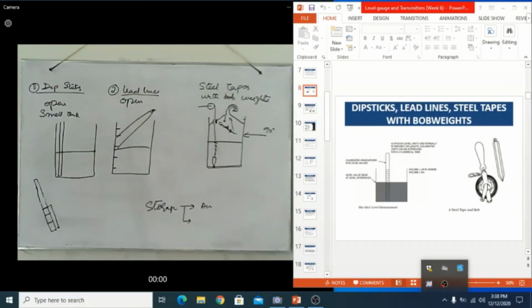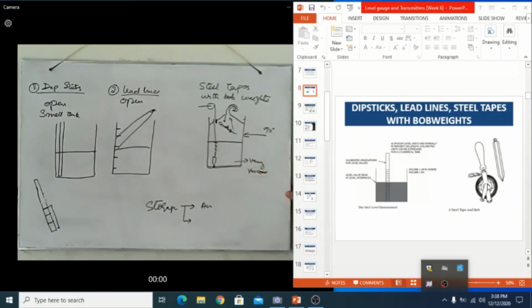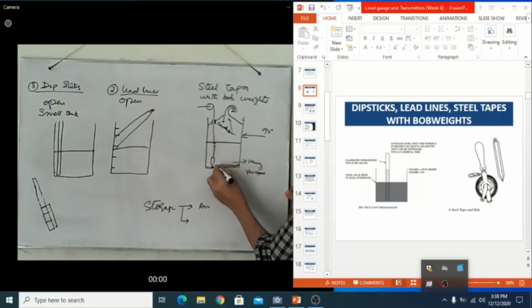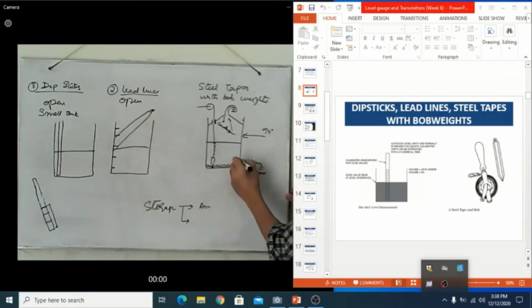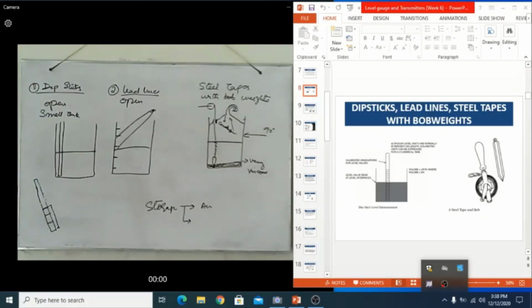Certain things can happen, like if you have poured a very viscous liquid, which may accumulate in this part in such a manner that the bob cannot move below this mud type or viscous type of material.